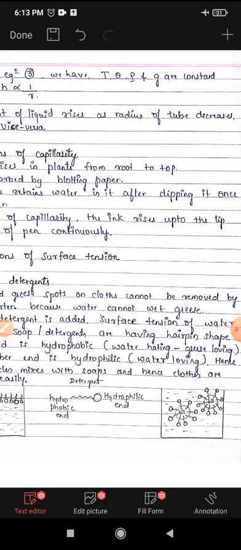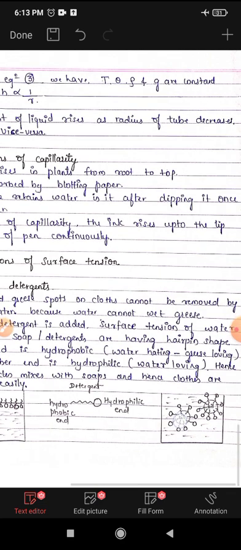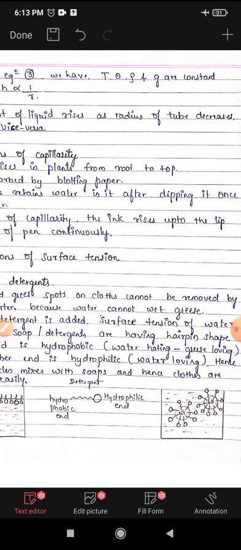surface of the clothes. So this type of micelle structures are formed, and these are washed away easily using water.